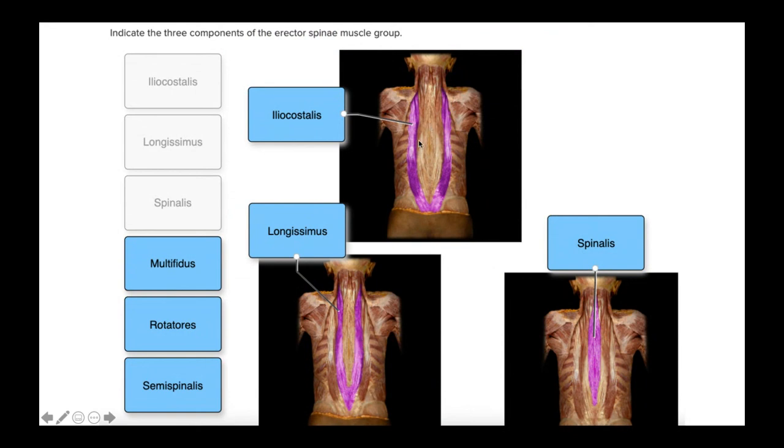Okay, so you have the iliocostalis, which is more lateral, and then you have the longissimus, which is a little bit more medial, and then most midline is the spinalis, right? So it's ILS: iliocostalis, longissimus, and then spinalis. Okay, and it's kind of like superficial and then deeper.